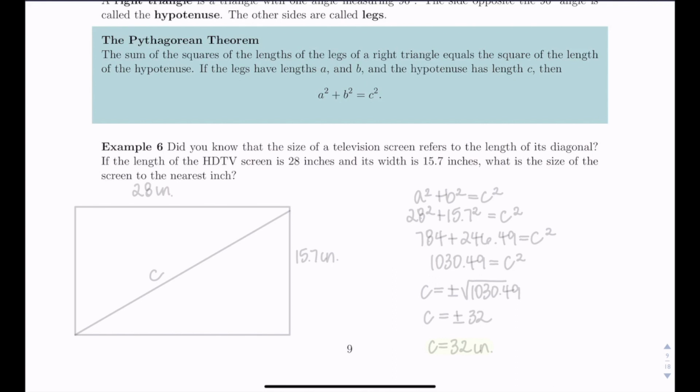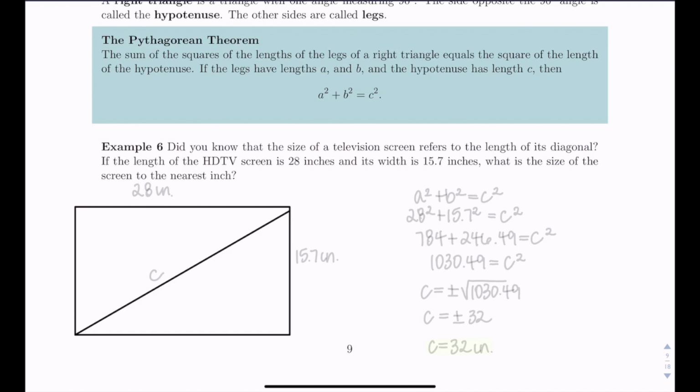So we know the length and the width, and we want to find the diagonal. Let's draw a picture first. Pictures help a lot of times in word problems so that we can visualize what we're actually solving for. So we have a TV, and we'll be looking for the diagonal across.